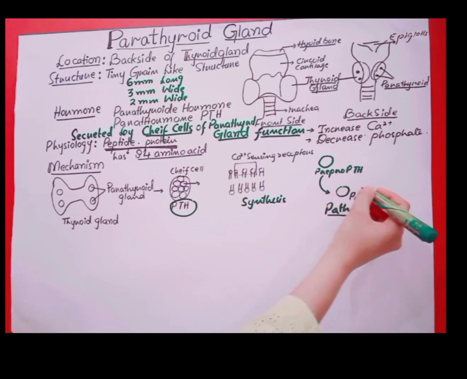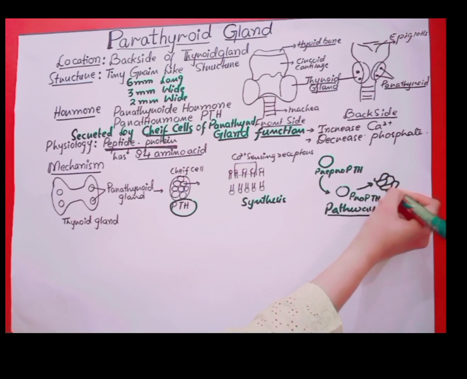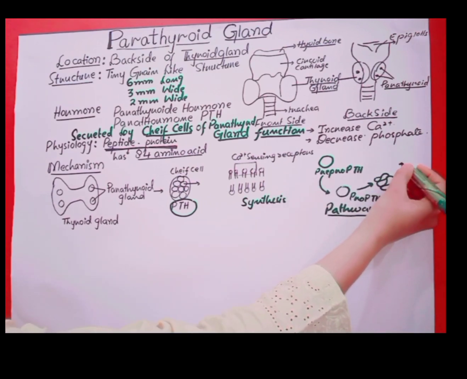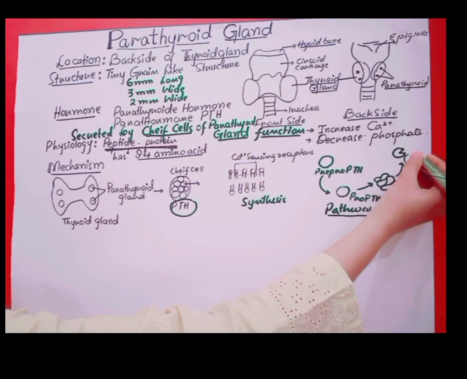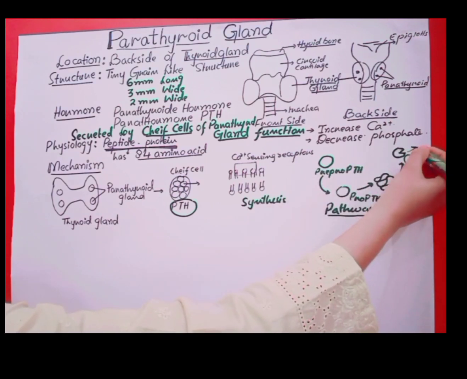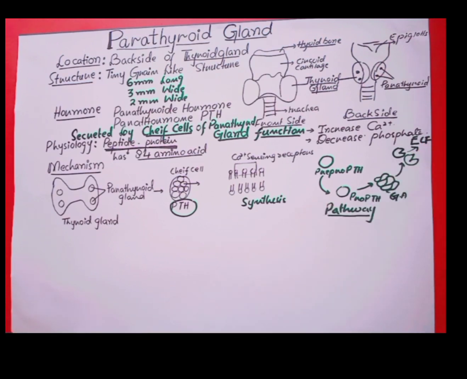This pro-PTH enters the Golgi apparatus to be modified, and is then packaged into vesicles, which are later released into the ECF, extracellular fluid.